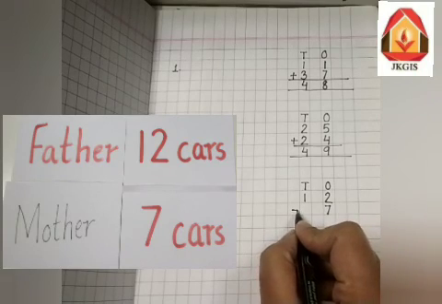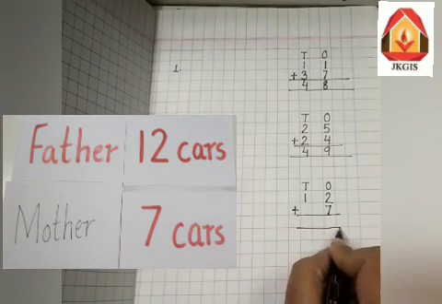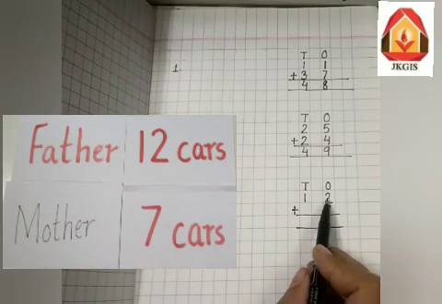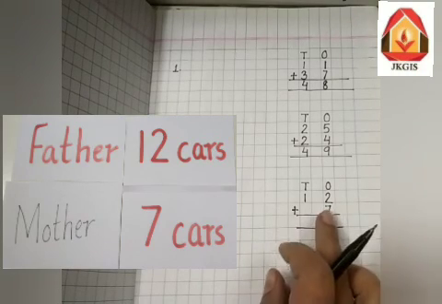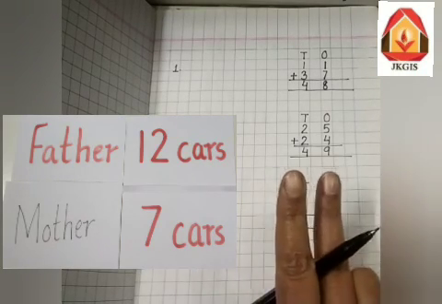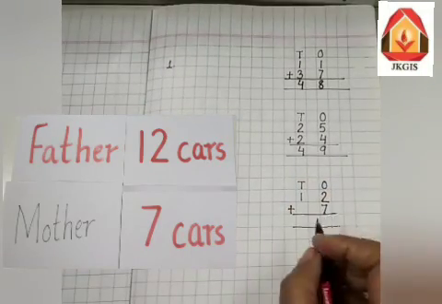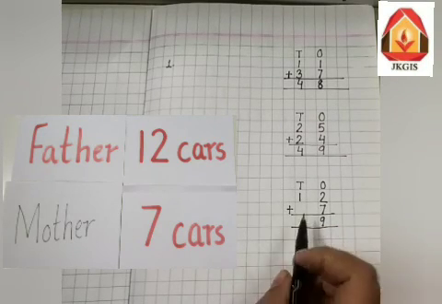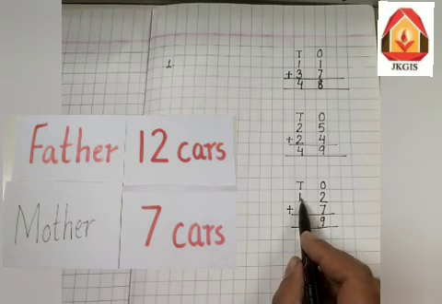And then we will put the addition symbol, and after that we will add them. So 7 plus 2. 7 is a big number. Keep it in your mind. And 7 plus 2. 7, 8, 9. So 7 plus 2 is 9. And see, nothing is there below this 1.